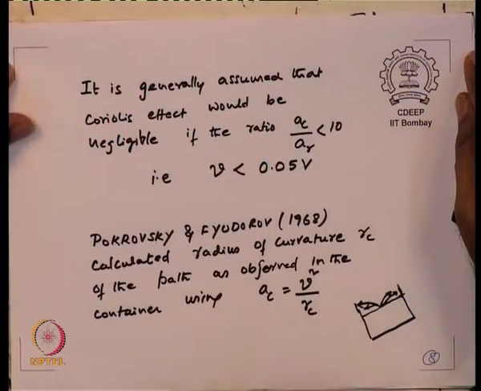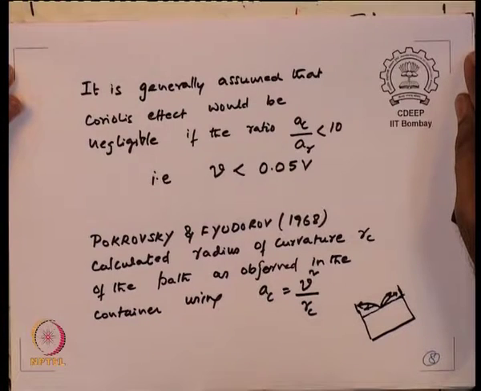Okay. So if you further analyze this one, it is generally said that if the percentage error due to Coriolis effect, Ac by Ar, is less than 10%, then the Coriolis effect can be neglected.